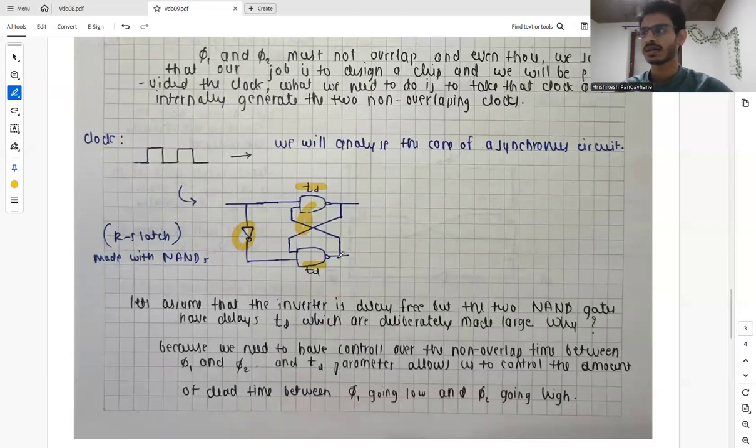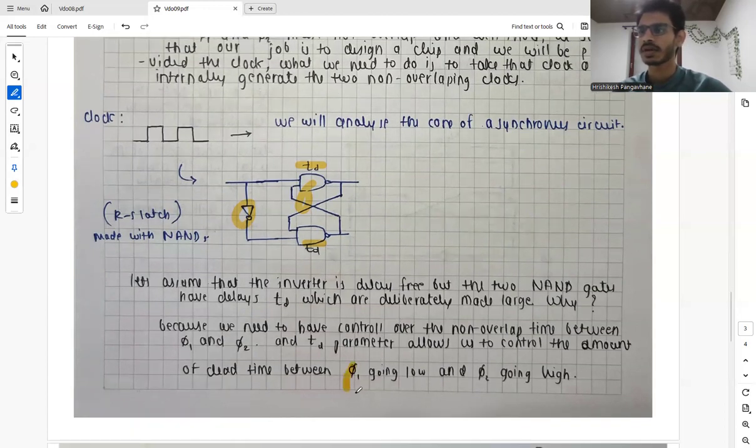So why do we need that delay, or why is it purposely made large? Because we need to have control over the non-overlap time between phi 1 and phi 2. We'll see it soon, because basically this time delay parameter TD allows us to control the amount of dead time between phi 1 and phi 2. So when we go from phi 1 to phi 2, ideally we can say that we switch directly from phi 1 to phi 2.